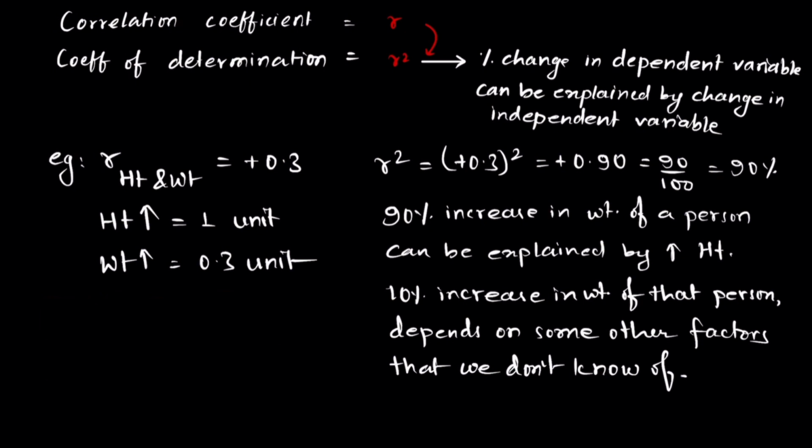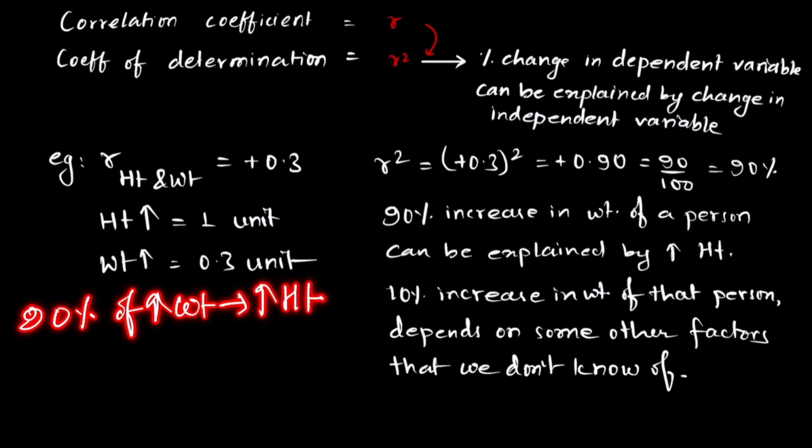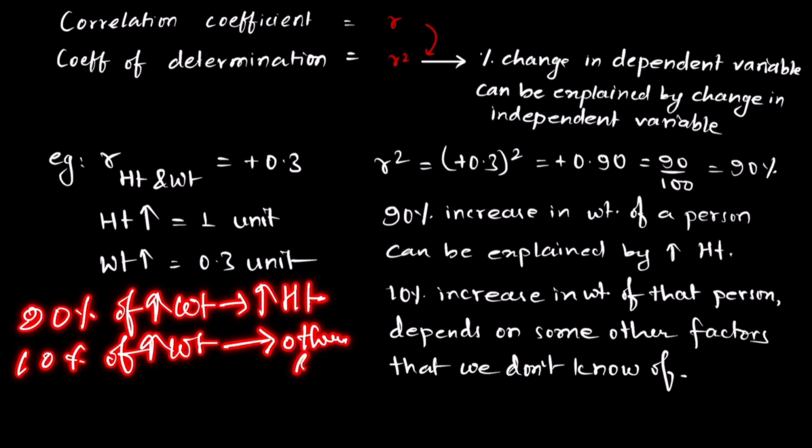In this case, the coefficient of determination comes out to be 90%, which means that 90% of increase in weight of that person is explained by the increase in height of that person. The remaining 10% of increase in weight of that person is not explained by increase in height of the person. It is explained by some other factors, and we have not taken these other factors under our study, so we don't know about them.